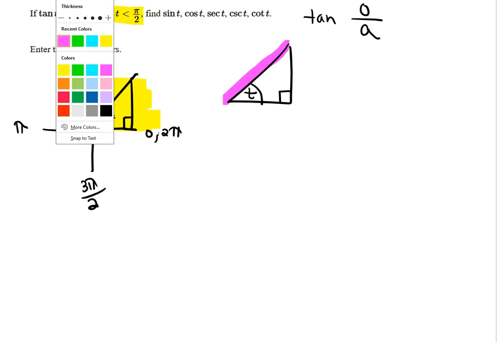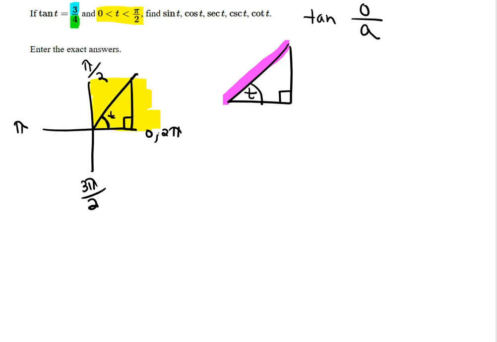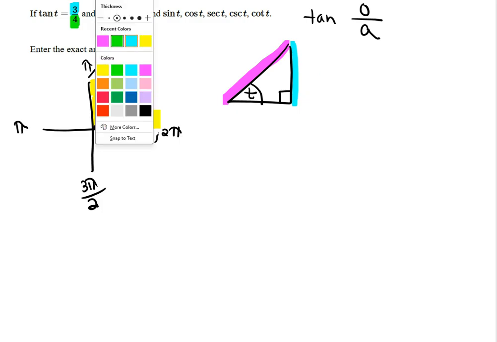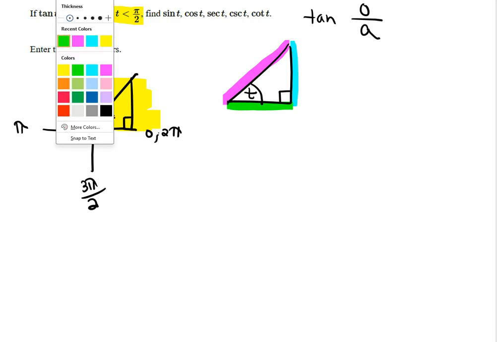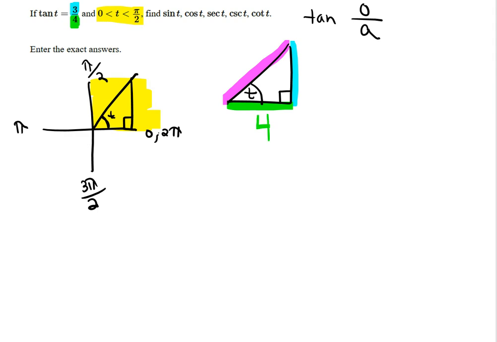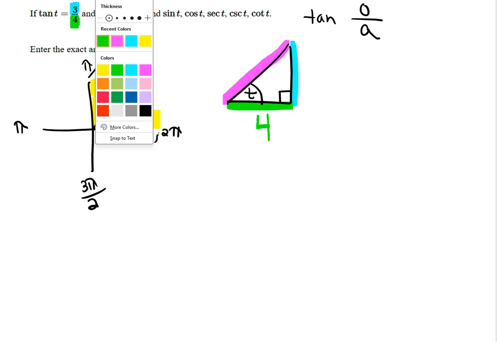The opposite side of T, here's T, opposite would be right here. So that is your 3. And then adjacent would be this side here. This is the 4, and this is the 3.